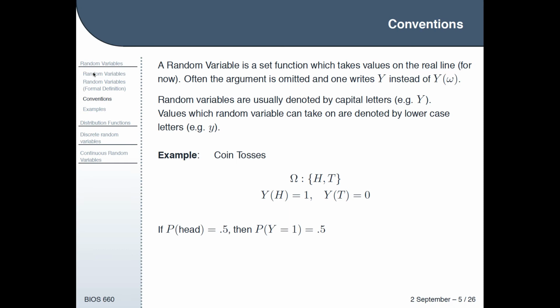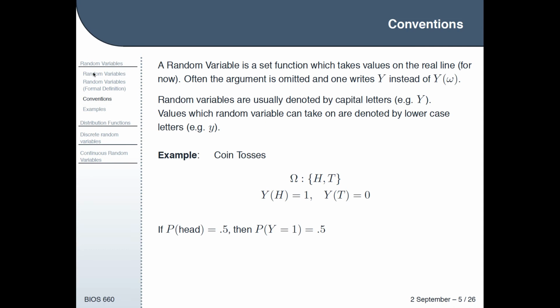An even simpler coin toss example: if you just tossed a coin a single time, such that your outcome space is either heads or tails, then y of heads is obviously equal to 1, and y of tails is obviously equal to 0.